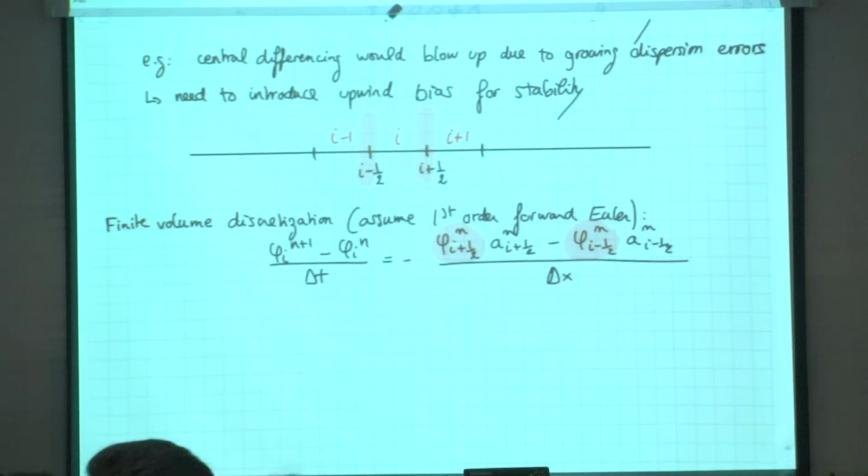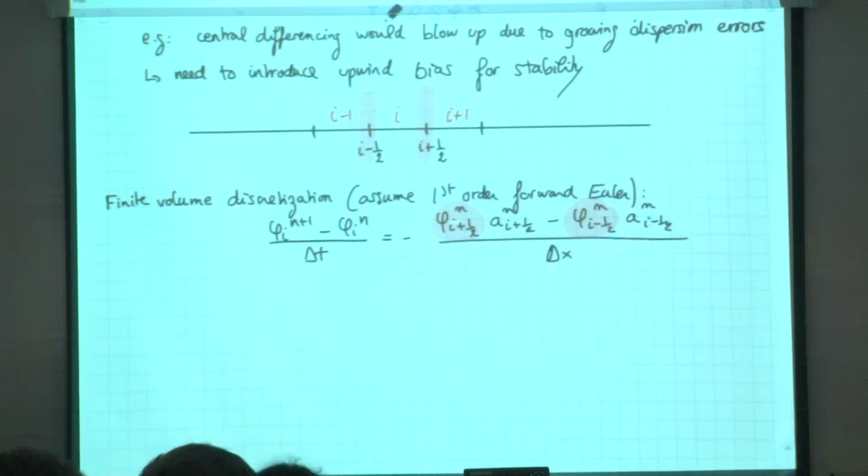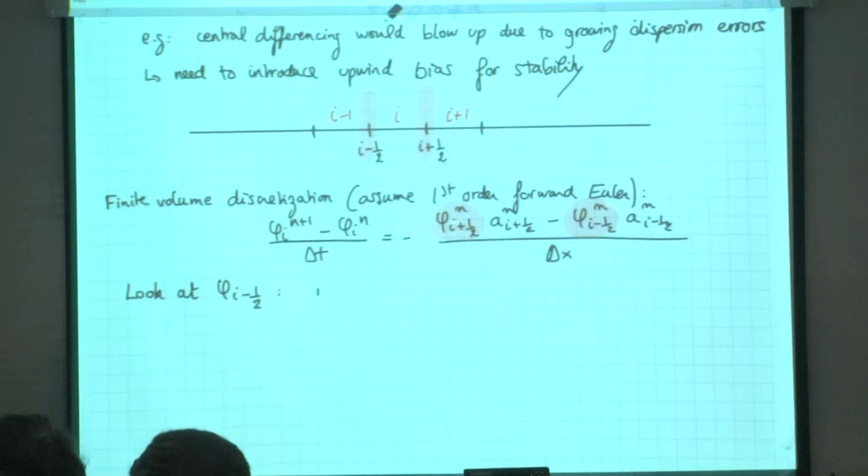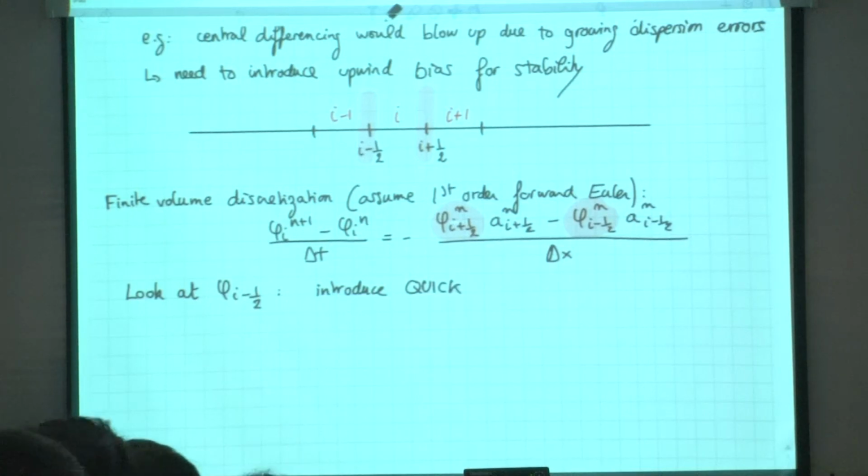So the point again is we're going to use upwind bias to compute phi sub I plus or minus 1/2. So let's look at phi sub I minus 1/2. We're going to introduce a QUICK scheme for two reasons.